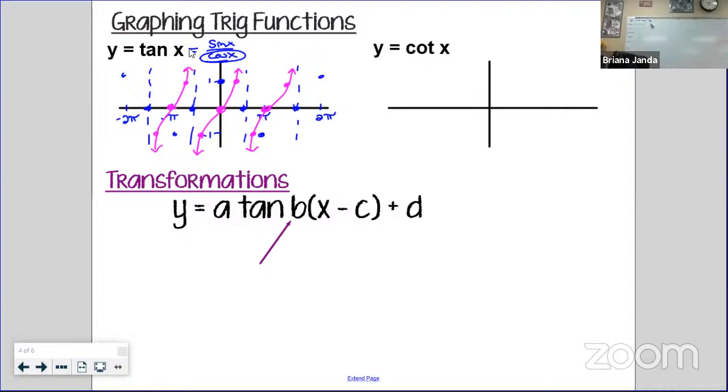Cotangent is the reverse of that because it is cosine over sine. And so again, if we're doing anything other than sine and cosine, we focus on our denominator. I would dot out a sine curve. And again, I really just care about those dots that are falling on my midline.